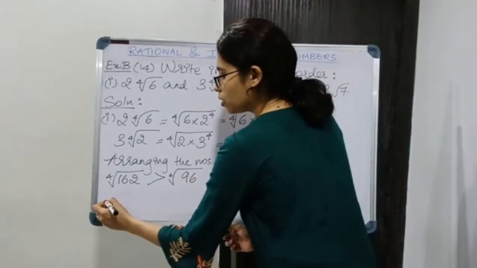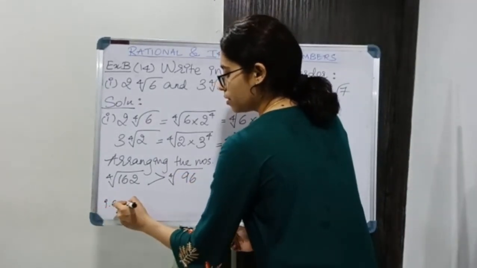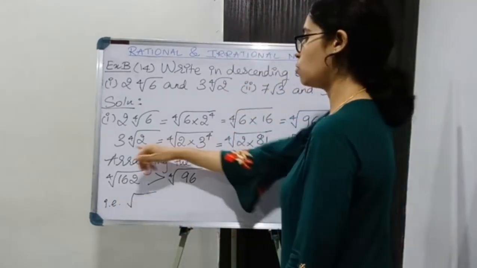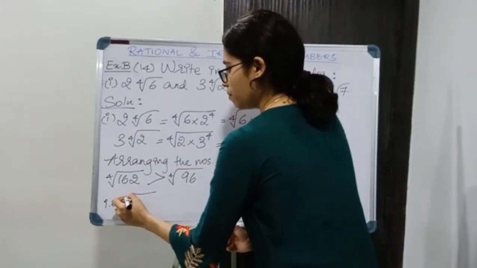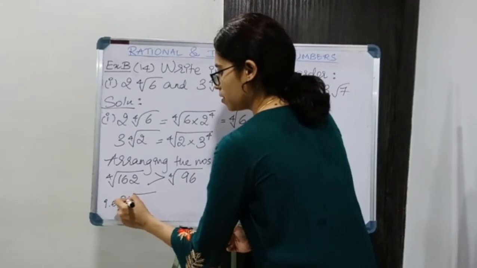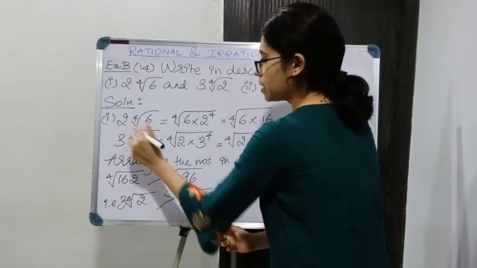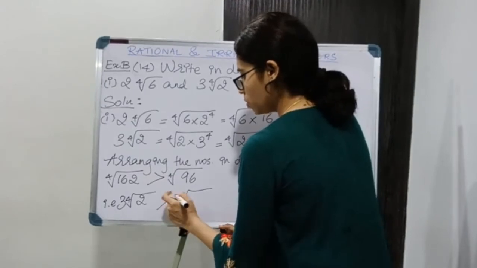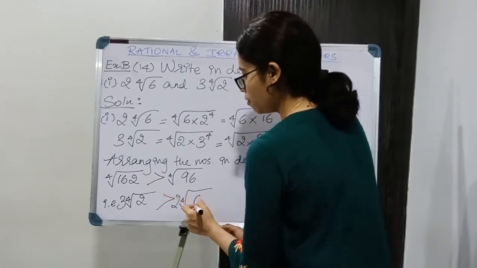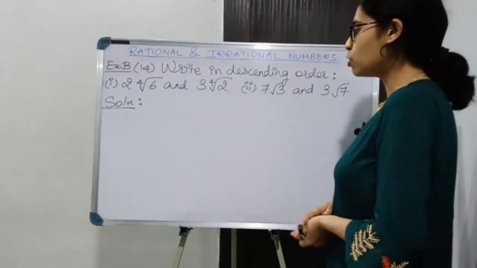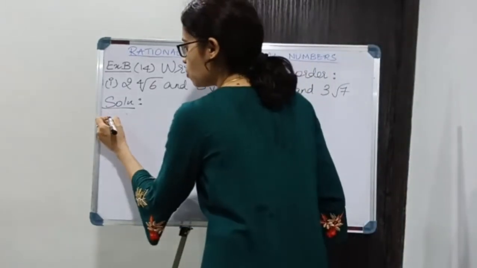I'll replace them with the original numbers. So original number 162 ka, it is 3, 4th root of 2 and 4th root of 96 ka 2, 4th root of 6. Moving on to the second part of the question.